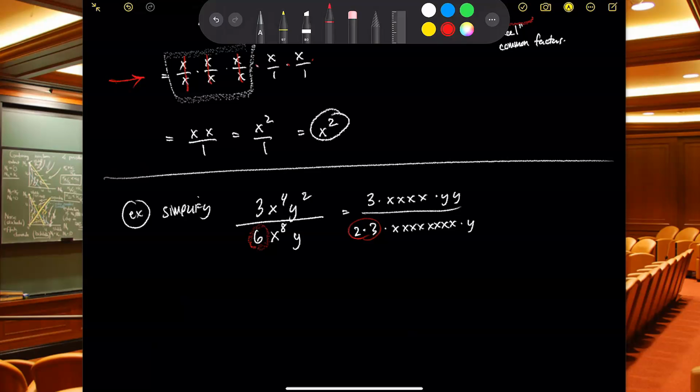What that allows us to do is then cancel a common factor of 3. And then we cancel 1, 2, 3, 4 sets of x. It's a 1-to-1 canceling because it's 1 over 1 for all of these. And everything else remains untouched.